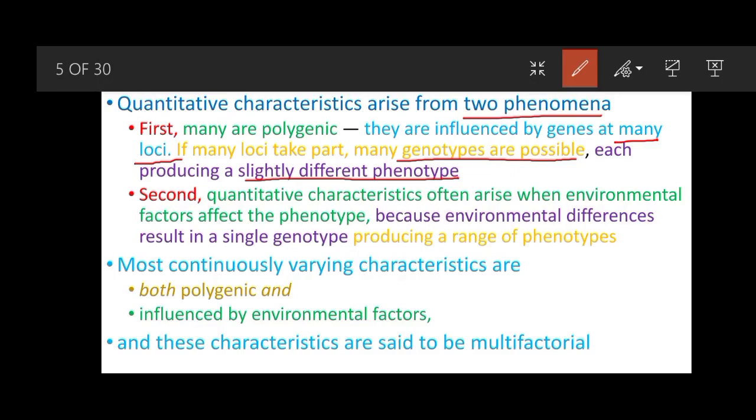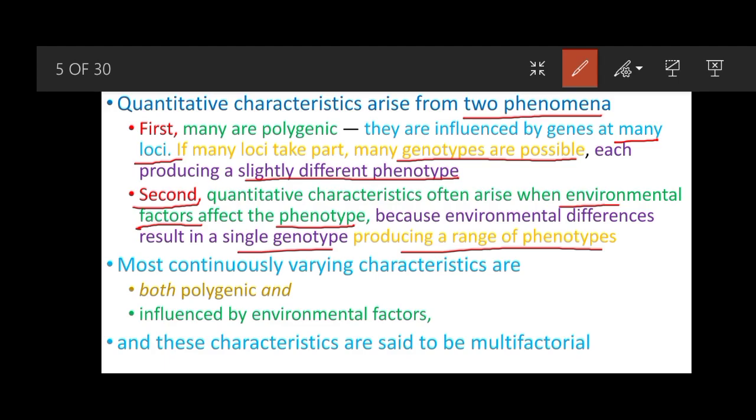The second phenomenon is that quantitative characteristics often arise when environmental factors also play their part, because environmental differences result in a single genotype producing a range of phenotypes. So this is a complexity arising because of the increasing number of loci.